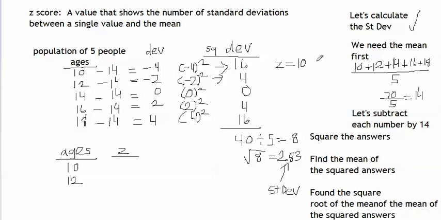Z equals x minus the mean divided by the standard deviation. So we have to do that for each of these. The first one would be 10. Each of these values is our x, because an x is just a regular number in this case.